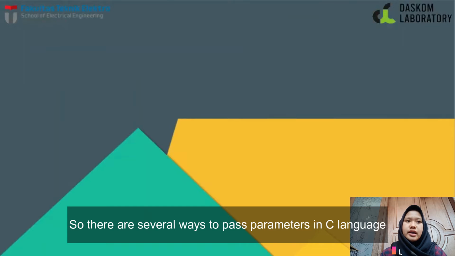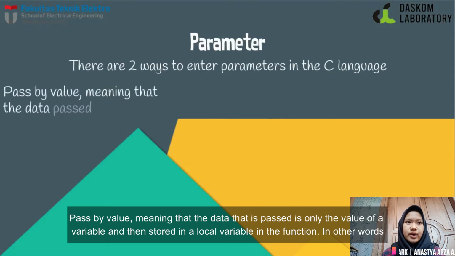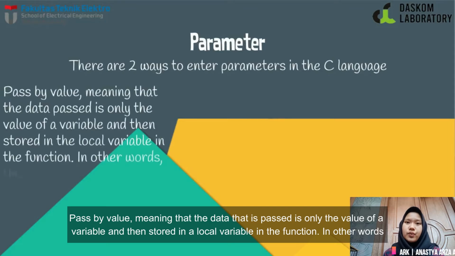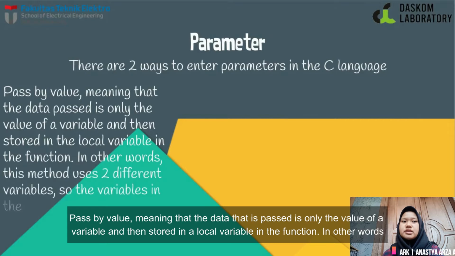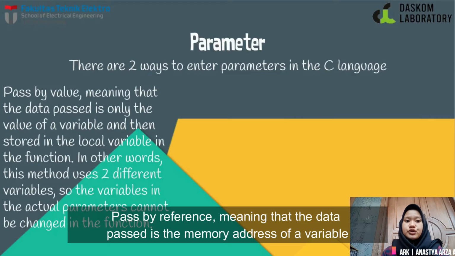So, there are several ways to pass parameters in C language. 1. Pass by value, meaning that the data that is passed is only the value of the variable, which is then stored in the local variable in the function. In other words, this method uses two different variables, so the variable in the actual parameter cannot be changed in the function. 2.